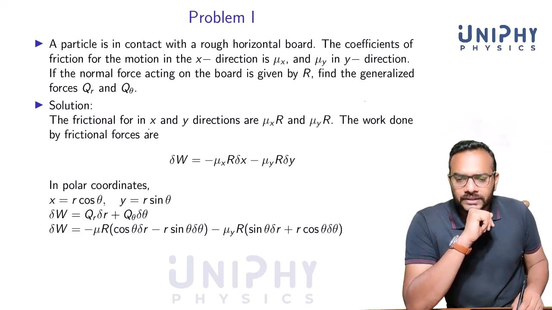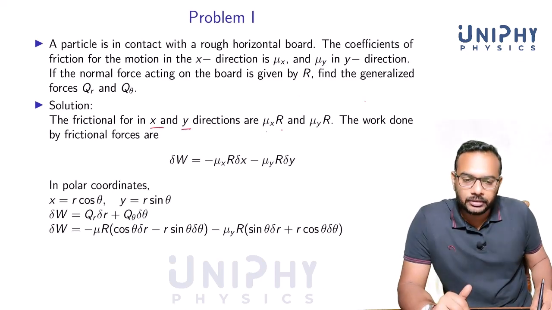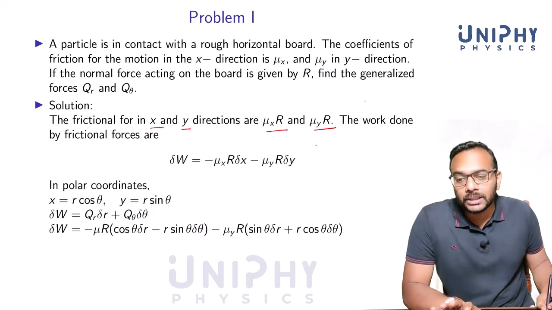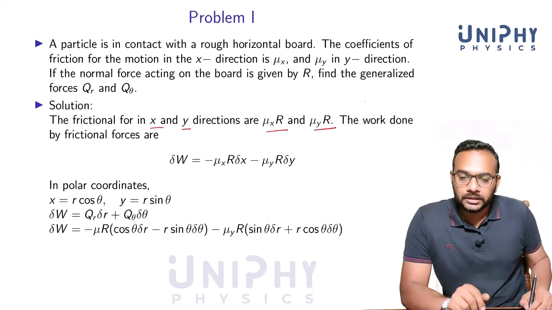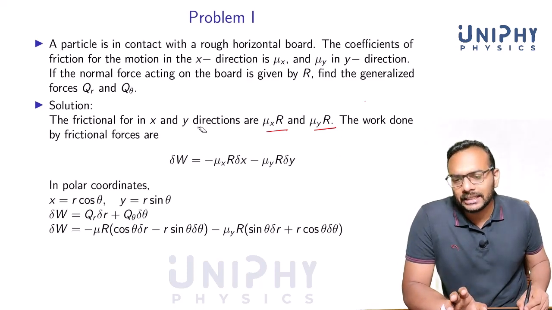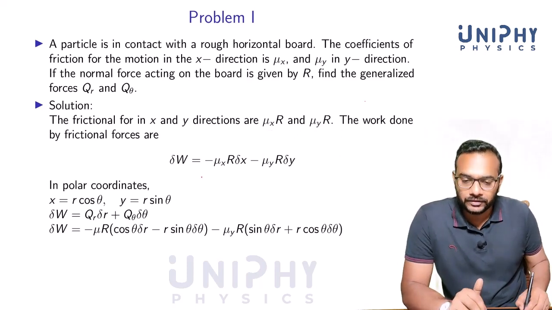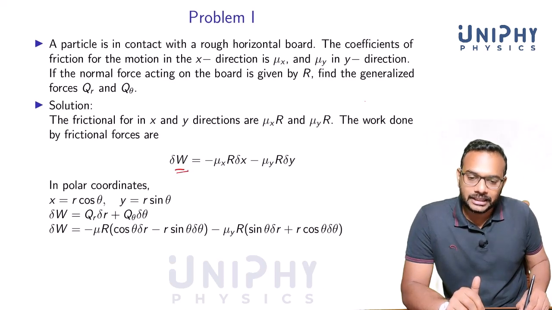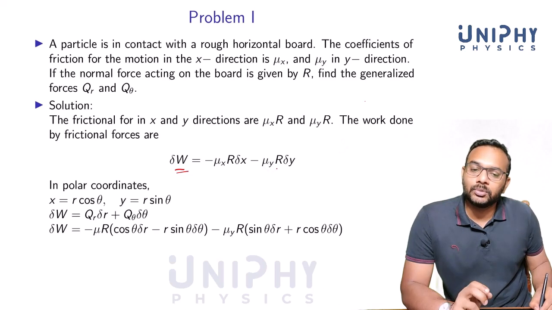So the frictional forces in the x and y directions are mu x r and mu y r. Now we look at the work done due to the frictional force. We are assuming that it's kinetic friction, and the work done we can write as delta W equal to minus mu x r delta x minus mu y r delta y.